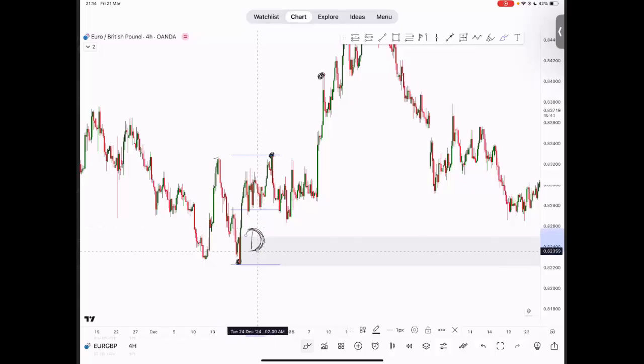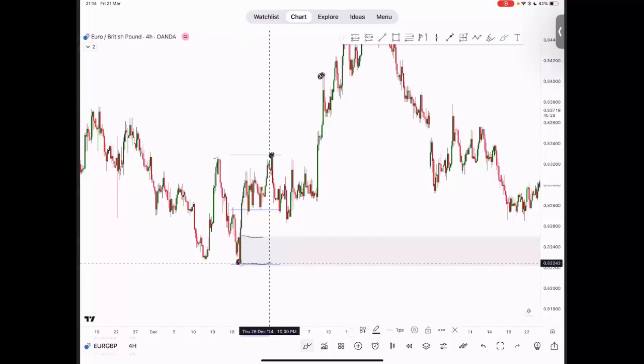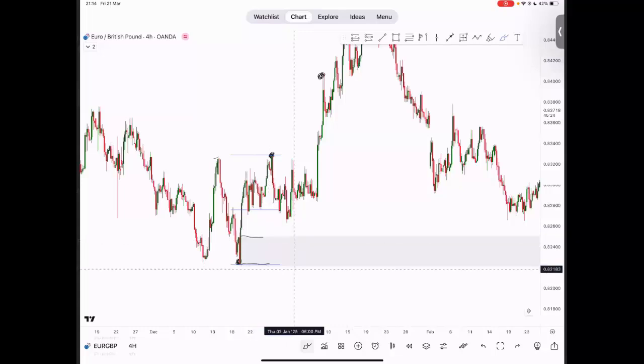If it was a supply zone, it must be found in the premium. But since this is a demand zone that we're validating, it must be found in the discount. And you can see that this particular demand zone is actually in the discount. I think it's even the only demand zone in this discount level price. It's the only demand zone here, right?